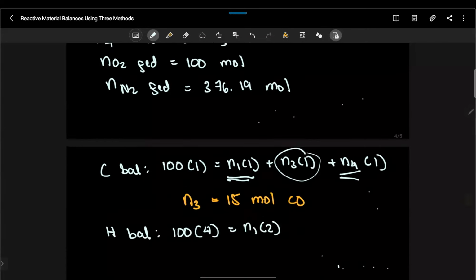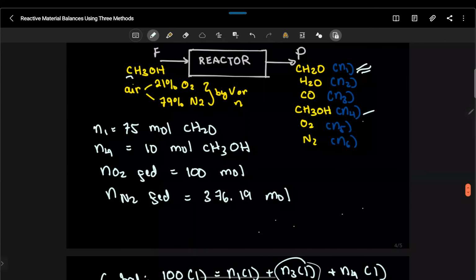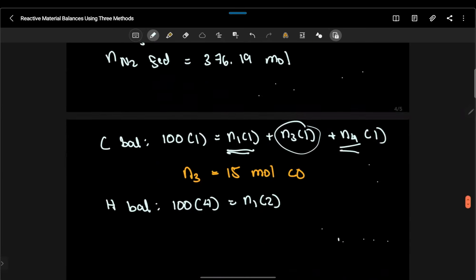Kasi kung babalikan nyo yung flow chart dito, si formaldehyde mayroong dalawang hydrogen atom. So N1 siya. Ano pa? Kay N2, dalawang hydrogen. Kay N4, 4 na hydrogen. So you'll have 4 terms in the right hand side of the equation. So sulat ko na siya. N2 times 2 hydrogen atoms plus N4 times 4 hydrogen atoms.